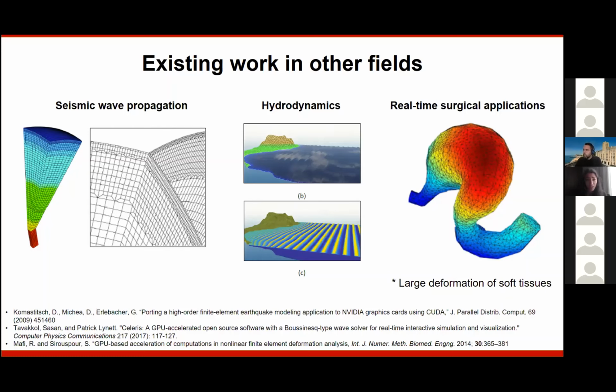They might have some heterogeneous element formulations, but you're talking about the GPU being able to operate on each of these elements at once. Hydrodynamics is the same thing, a lot of finely discretized domain where each of the elements are pretty much the same. And then the real-time surgical applications, it's really dealing with really large deformations of soft tissues.